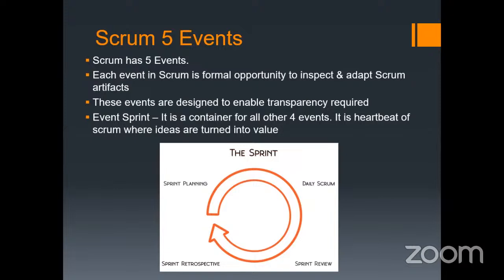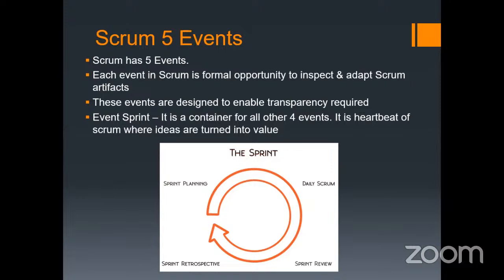These 5 events are the opportunity to inspect and adapt, whatever we have discussed about the 3 Scrum pillars, that is transparency, then inspection and adaptation. So every event is a formal opportunity to inspect and adapt the Scrum artifacts. These events are designed to enable transparency.